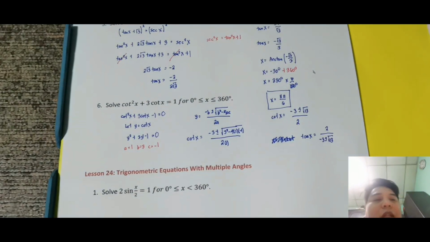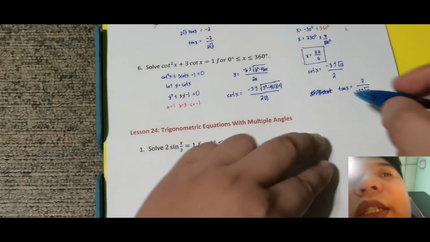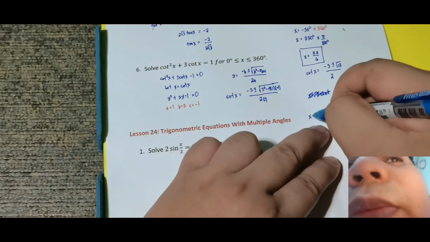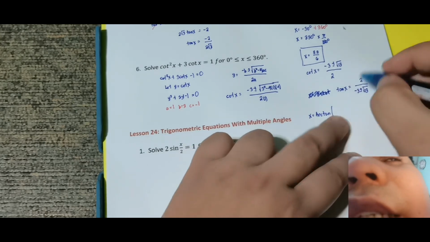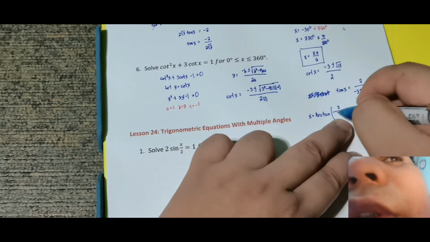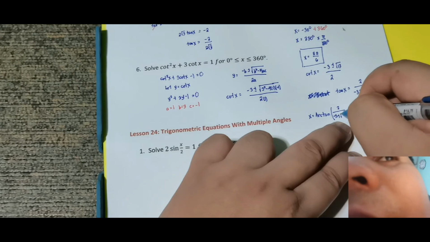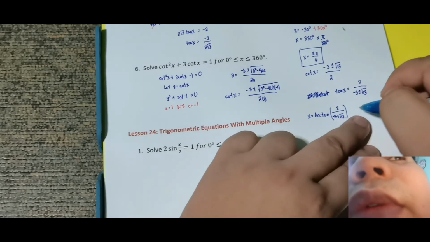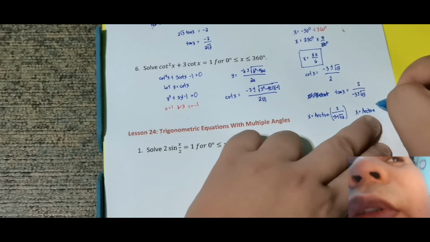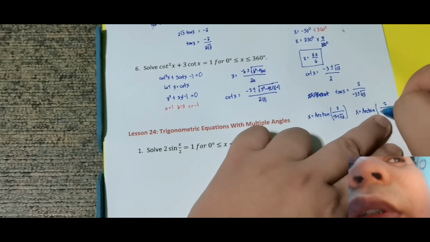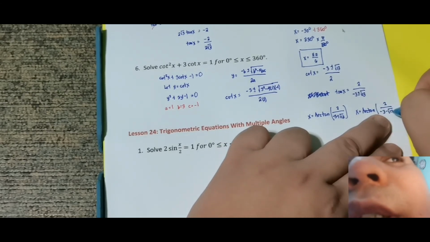So dalawa yung solve natin na value. Una is for x, arc tangent ng 2 over negative 3 plus square root of 13. Pangalawa, x is equal to arc tangent ng 2 over negative 3 minus square root of 13.